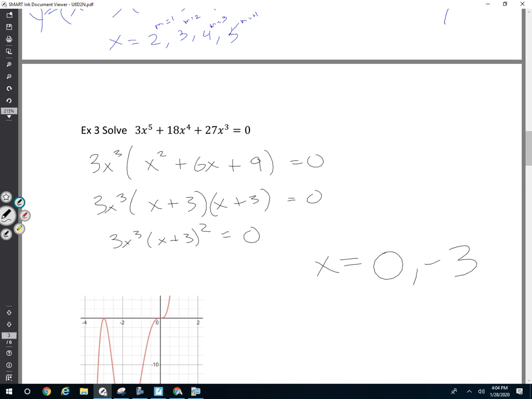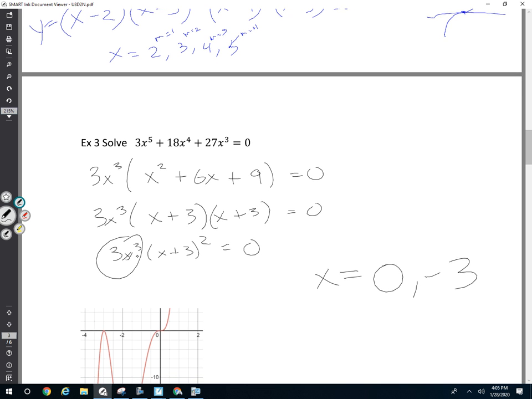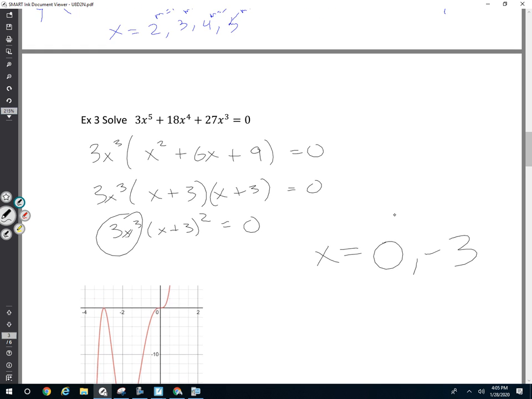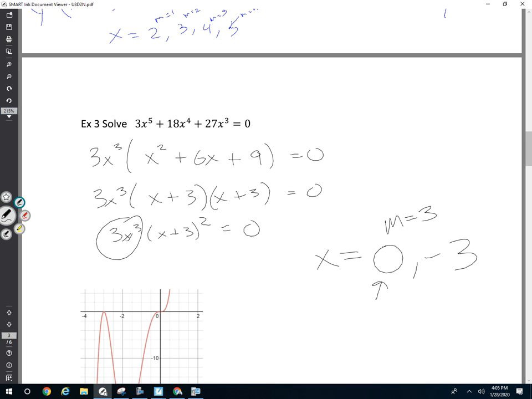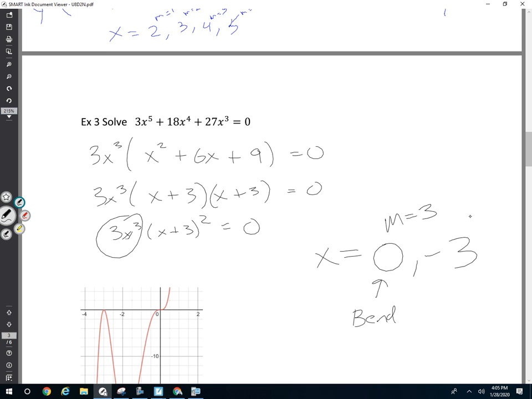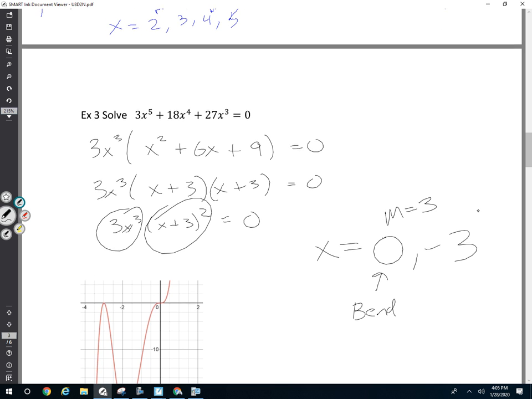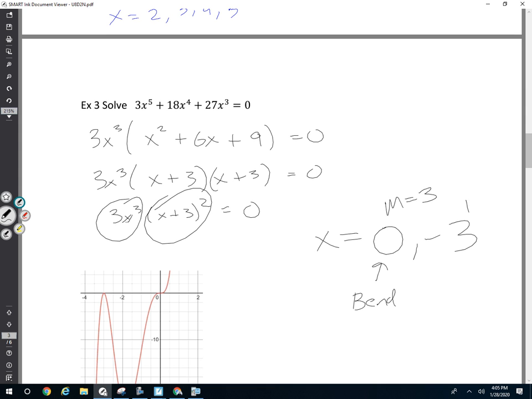Now, 0, if I plug 0 into x cubed, it's 0, but I see it's cubed. This is why I say this multiplicity equals 3. Since this is an odd multiplicity, I'm going to bend on my way through. -3, if I plug in -3, I see it's x plus 3 squared. -3 has a multiplicity of 2.